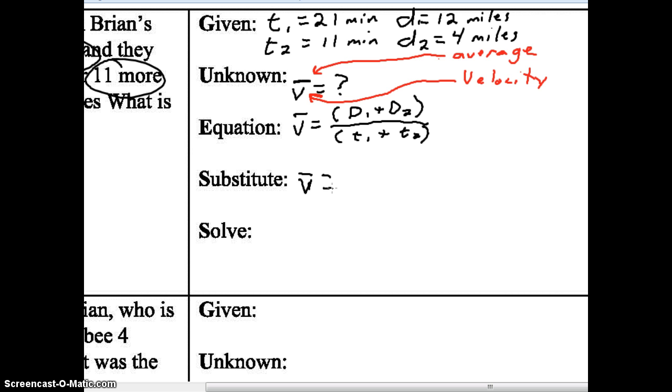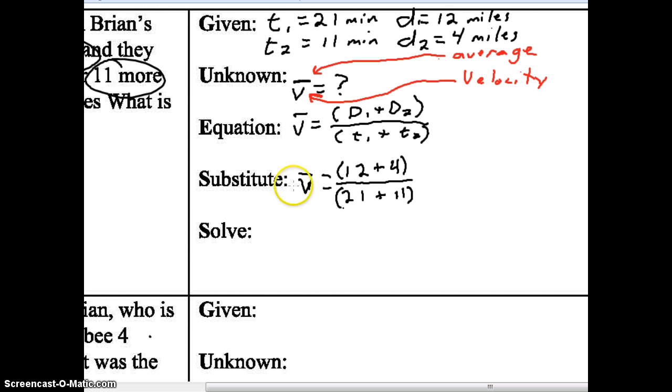So to substitute in, V bar, distance 1 was 12 miles, plus distance 2 is 4 more miles. That's the top. Those are my distances. Over time 1 is 21 minutes, plus time 2 is 11 more minutes. So there's that.